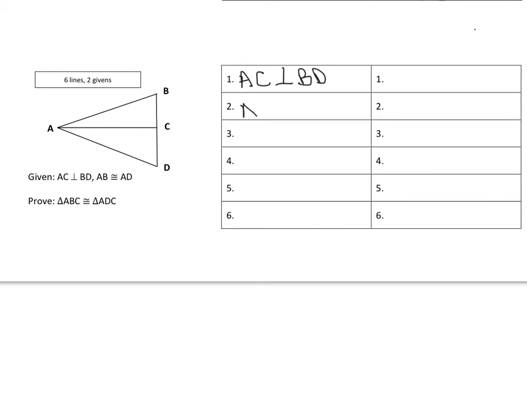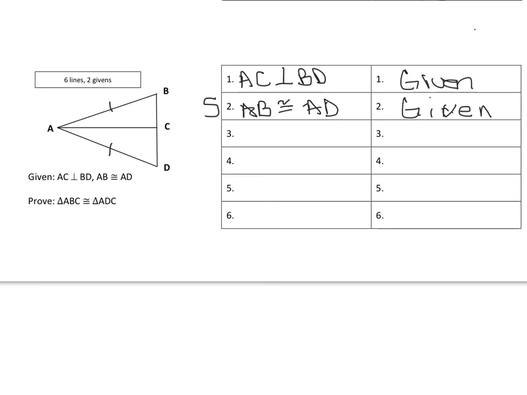And then I write AB congruent to AD. These are both given. And the AB congruent to AD is a side congruence, so I'm going to mark that, AB, AD.